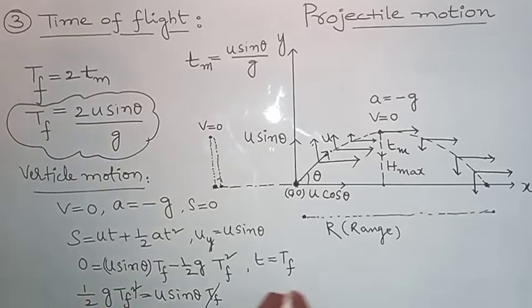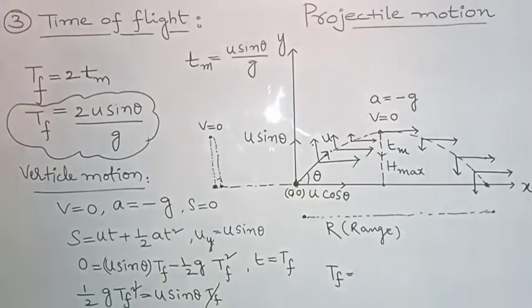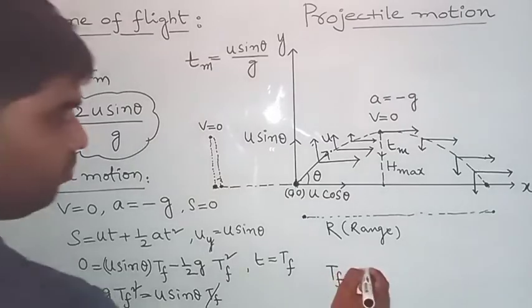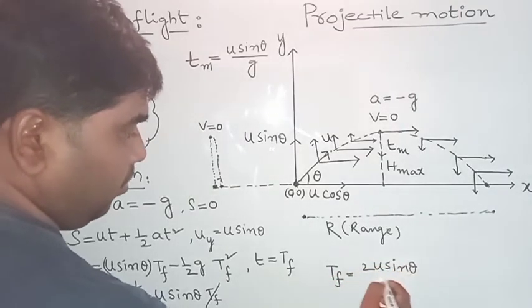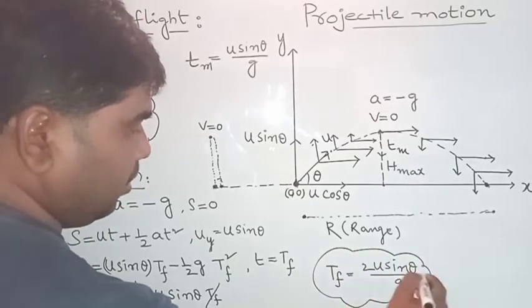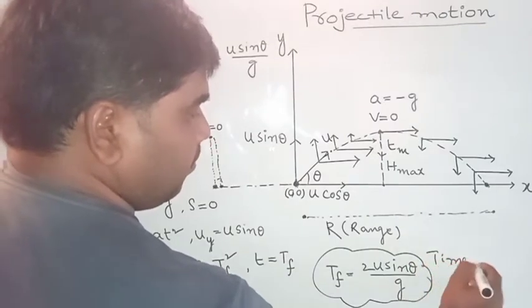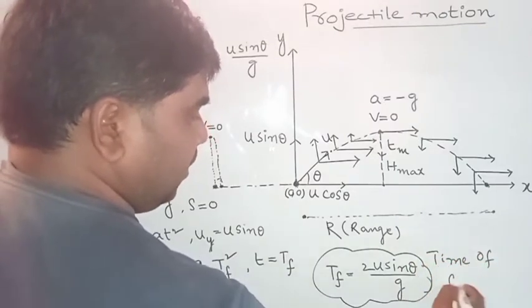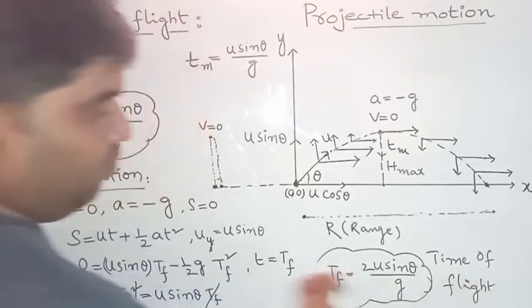Finally, you can get the time of flight TF, moving this to that side, equals 2u sin theta upon g. This is the formula for time of flight. We can derive it like this also.